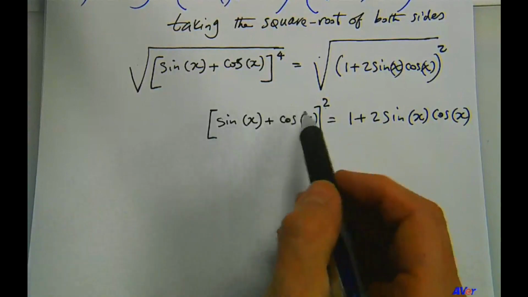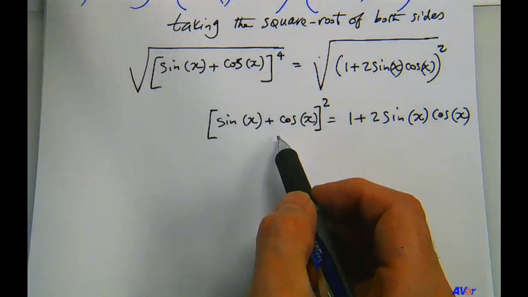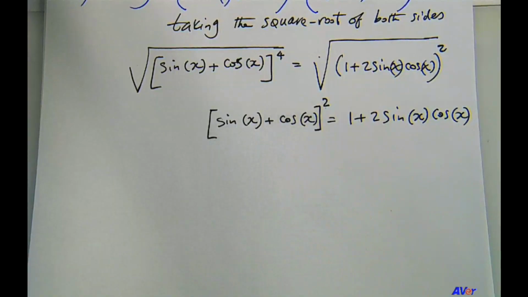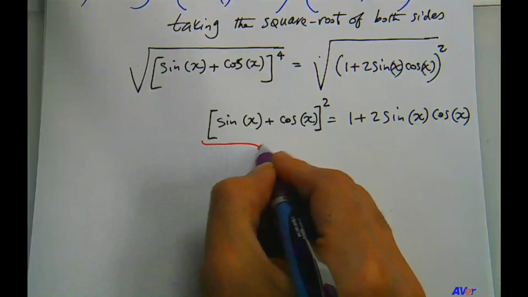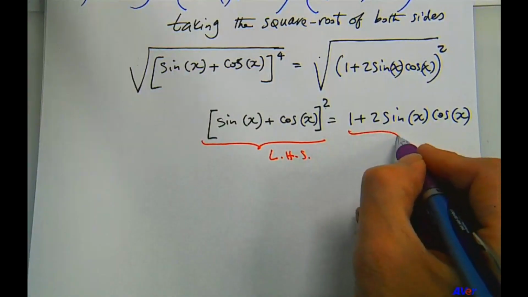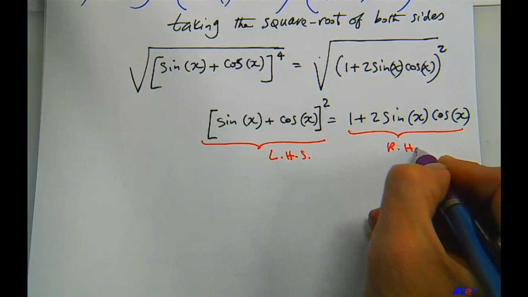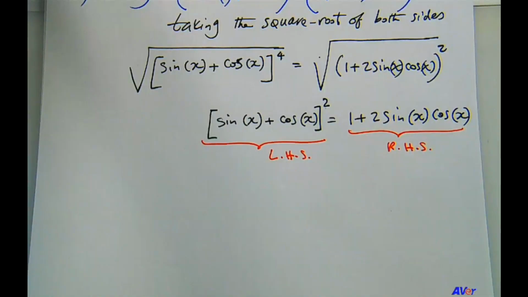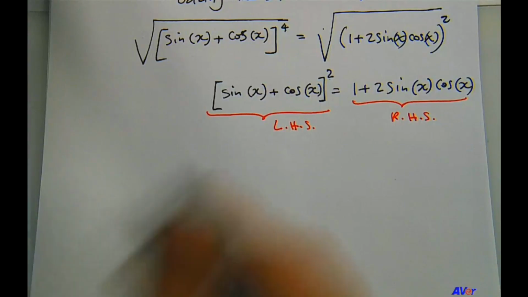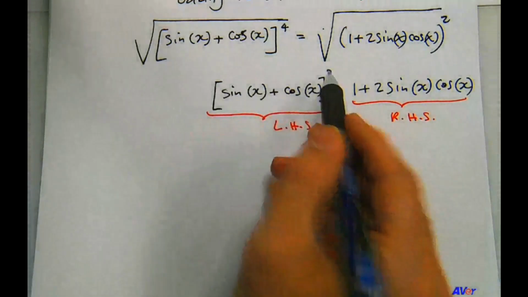Okay, so now let's see what the left-hand side is. So this is the left-hand side. This is the right-hand side. Let's expand this because this is a binomial squared.